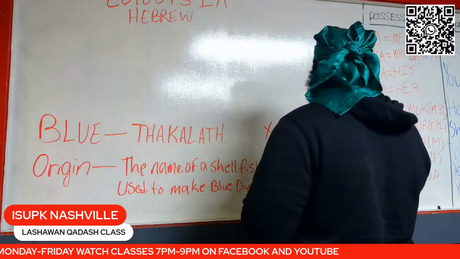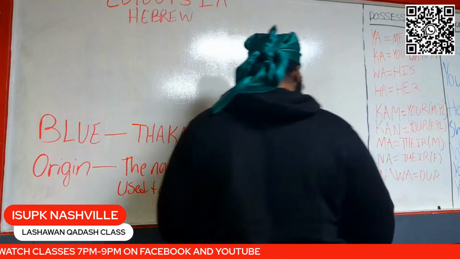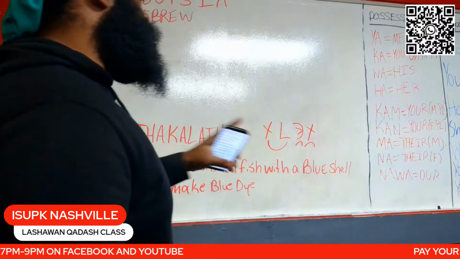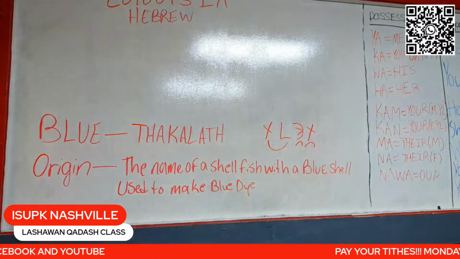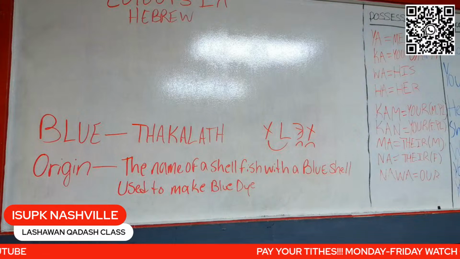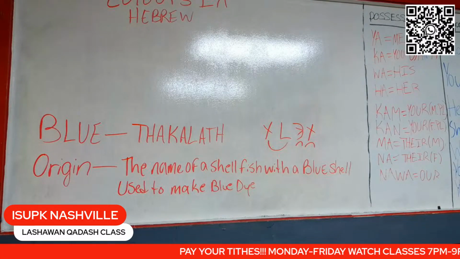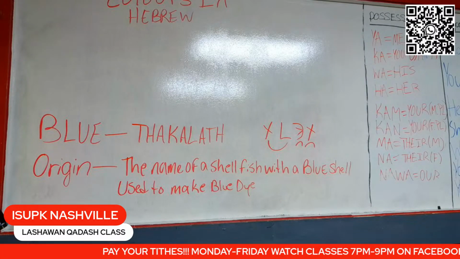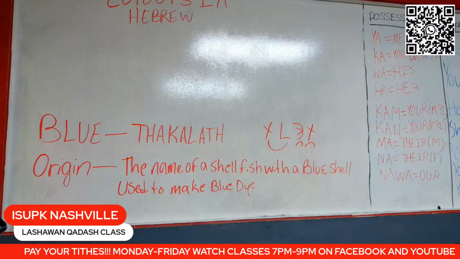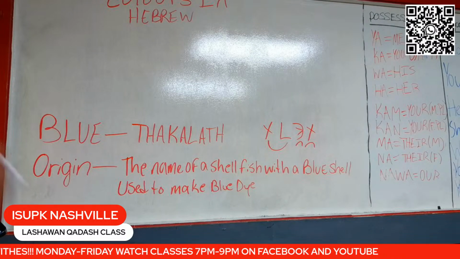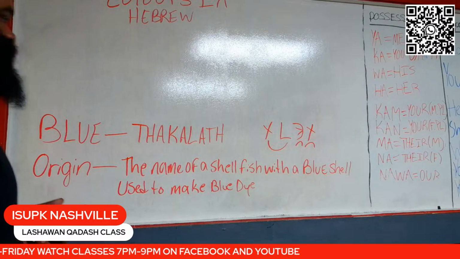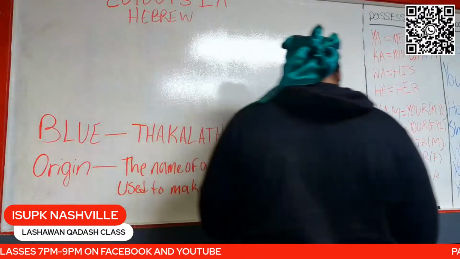So Tha, Ka, Laf. That's how you say it in the Hebrew. I mean, that's how you write it in the Hebrew. And how you write it in the Assyrian, I'm going to try to put it down here.